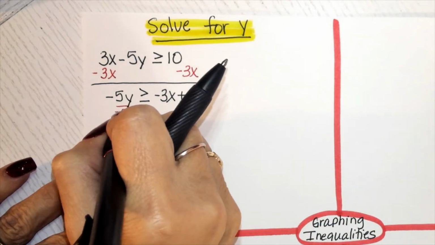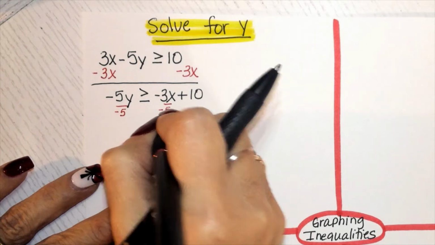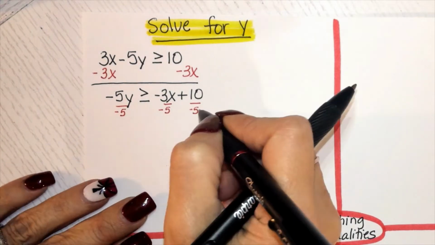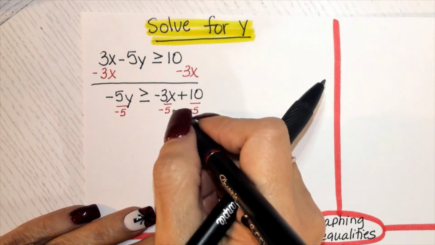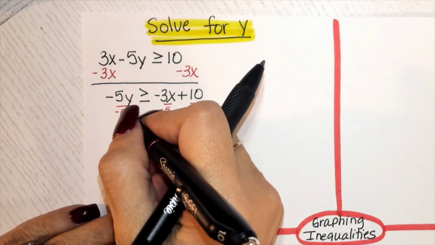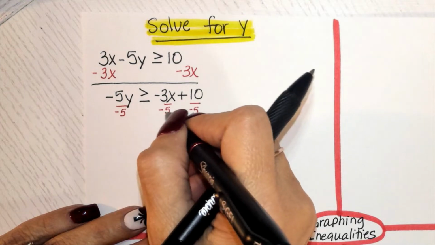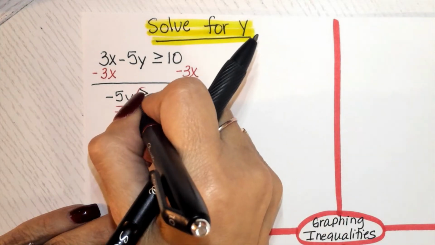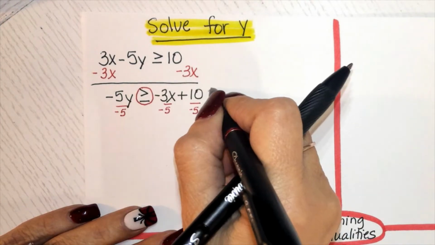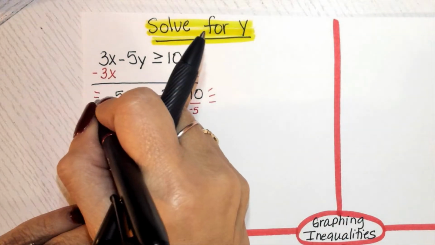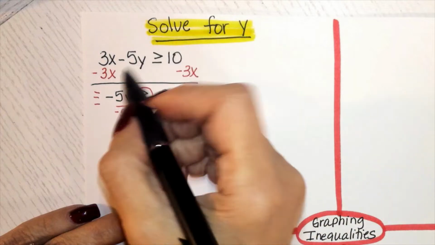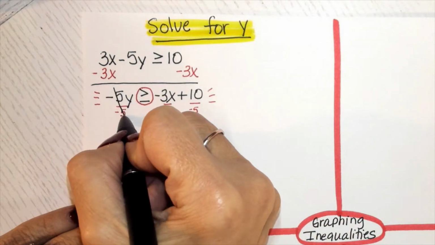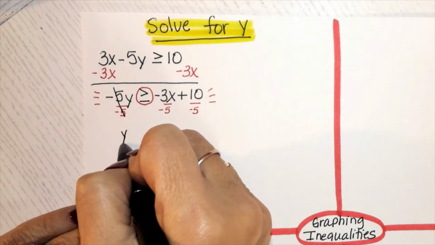So I'm going to divide by negative 5, divide by negative 5, divide by negative 5. But here's what happens. With inequalities, they get very cantankerous. And when you divide or multiply by a negative all the way across, oh, it doesn't like that. And remember, the bells and whistles go off, and we have to flip the sign. So here's what we end up with. This becomes 1, and we end up with y.